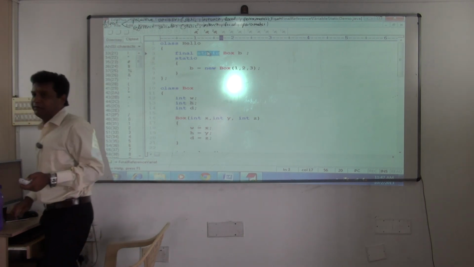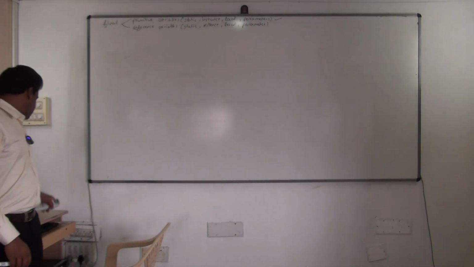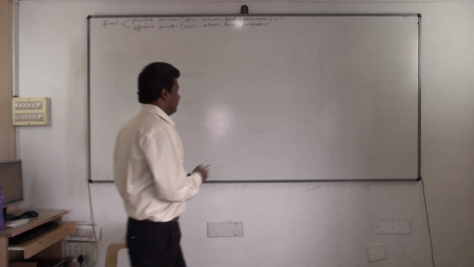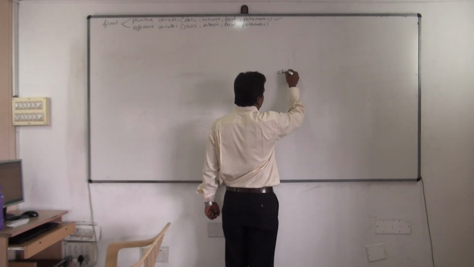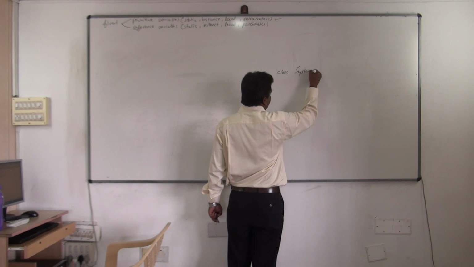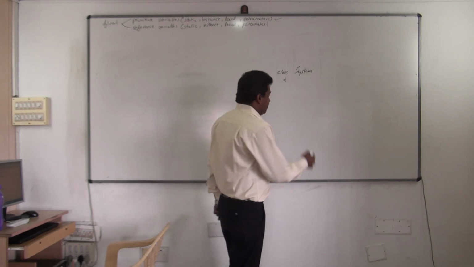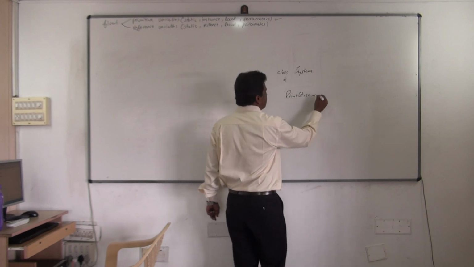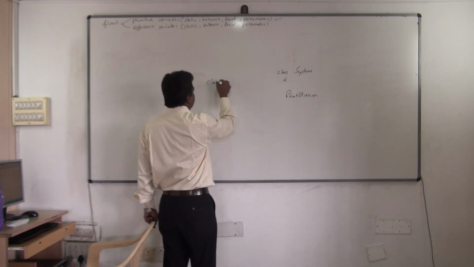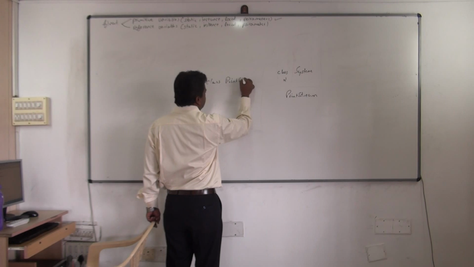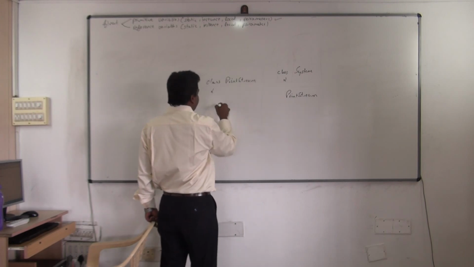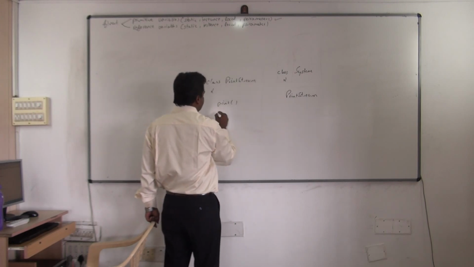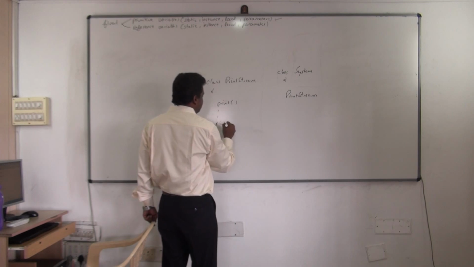See, one of the practical implementations of this is the System class, built-in libraries. You should start understanding when I teach you libraries. There's one class called PrintStream, a built-in class. And there are two methods inside this, print and println, which I have told you long back.